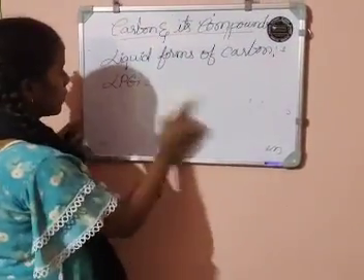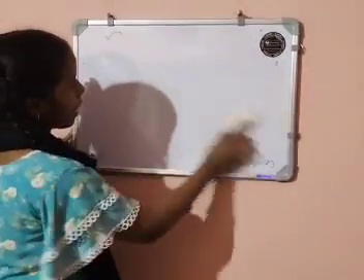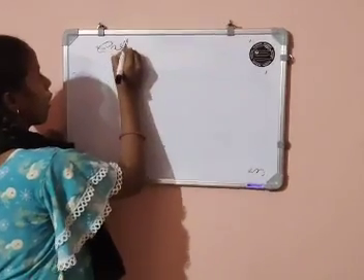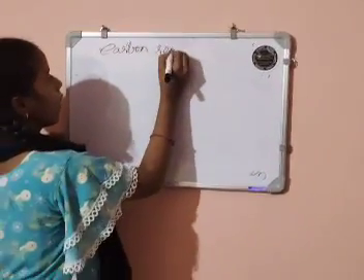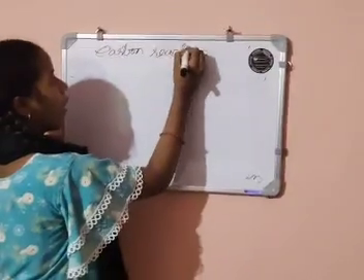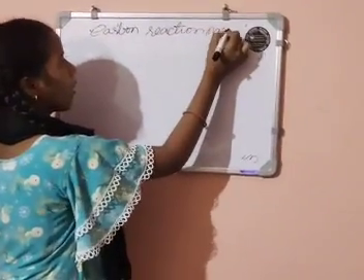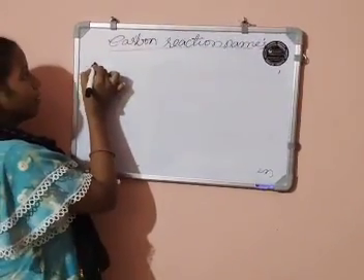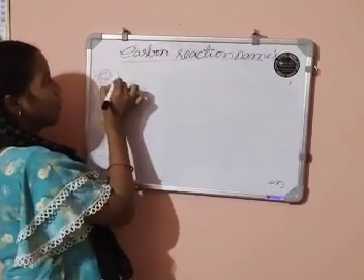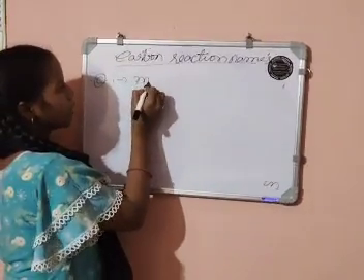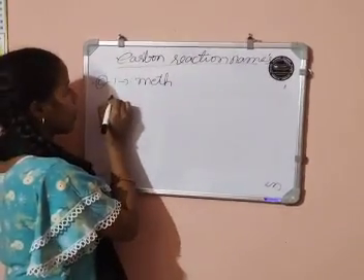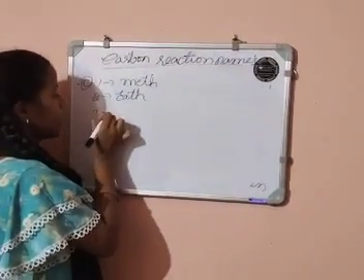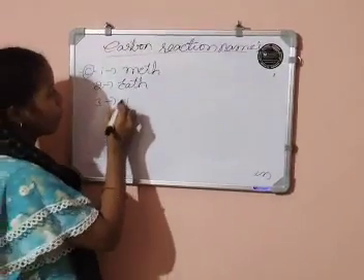First, we will learn about carbon chain names. If one carbon, it is called meth. If two carbons, called eth. Three carbons, prop.